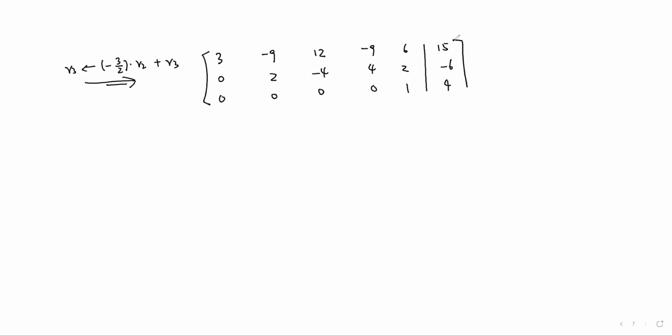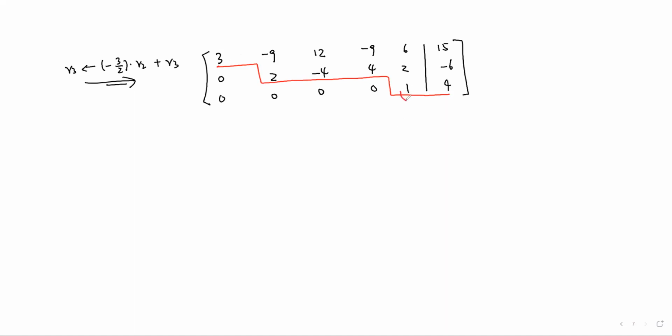Then we have this matrix: 0, 2, and 0, 0, 0, 0, 1, 4. Now this matrix is in echelon form, so forward elimination is done.